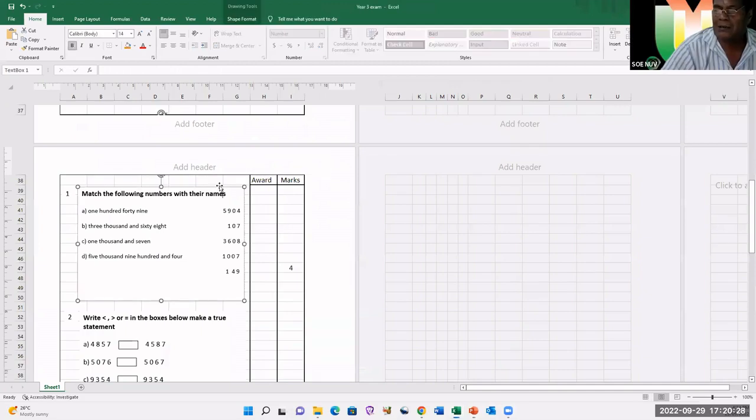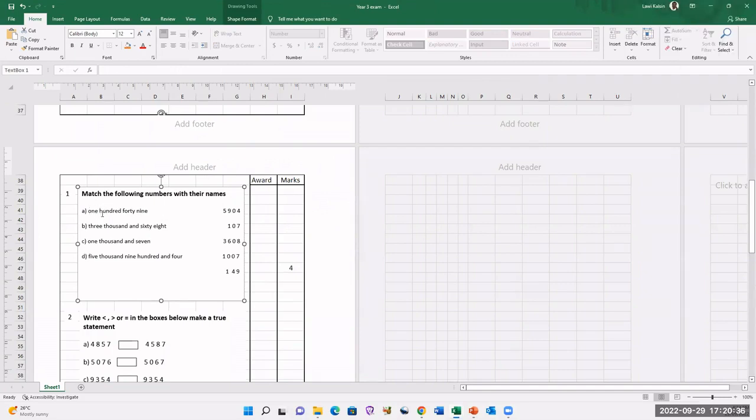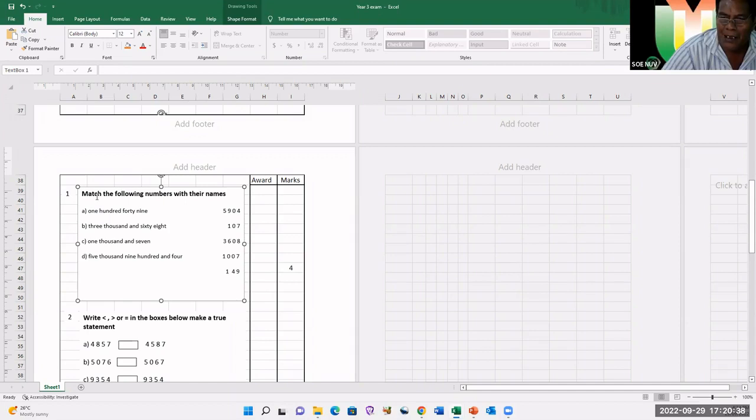Look at the examination. First item, first learning outcome: we test writing numbers, and the item says match the following numbers with their names.